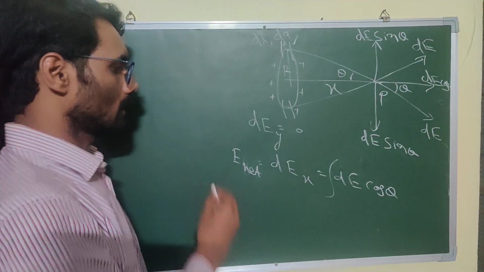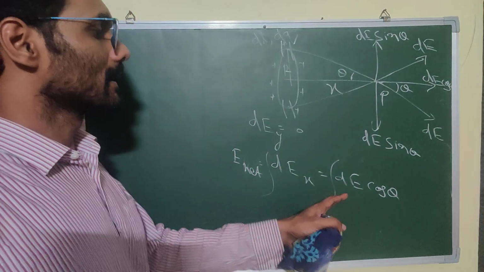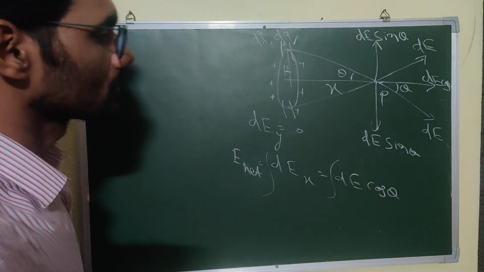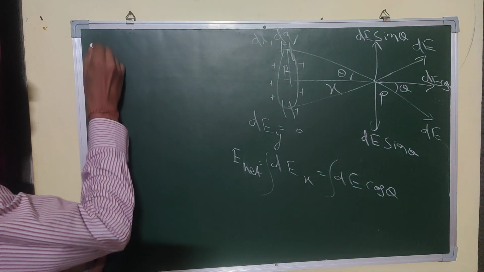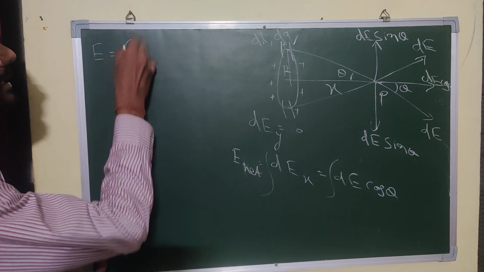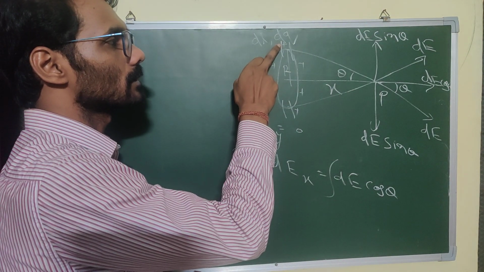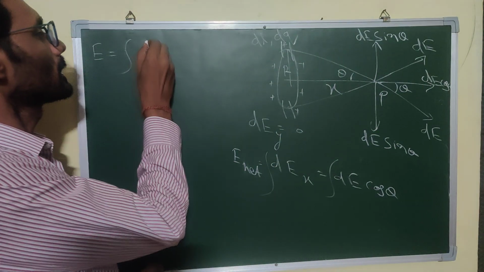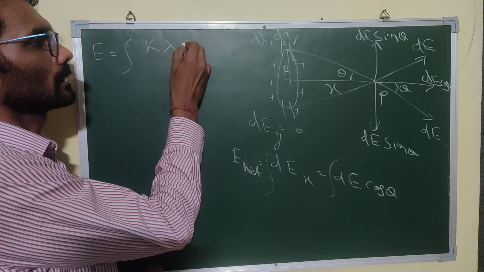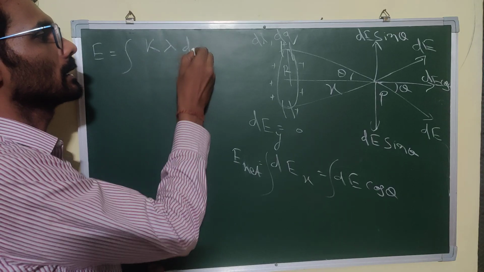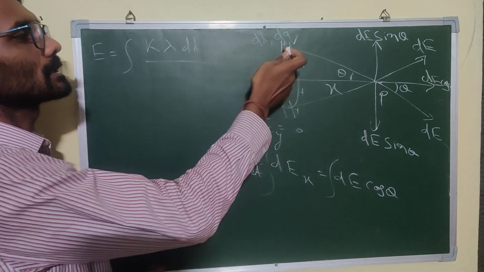Okay, so now we can integrate both sides. We will integrate from 0 to 2 pi r, and the value of dE we will put in. So net electric field is the integration of dE. Electric field for this small length element at this point is k lambda dl, that is k q by r square. R square means this distance.